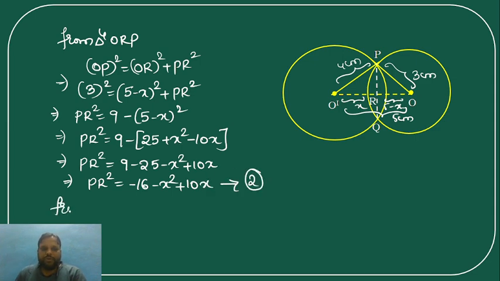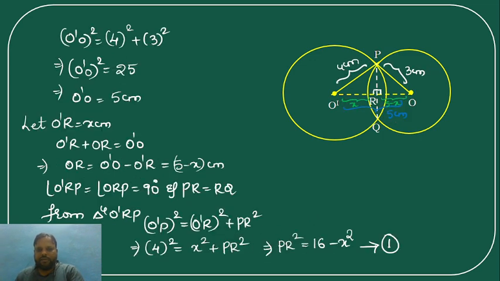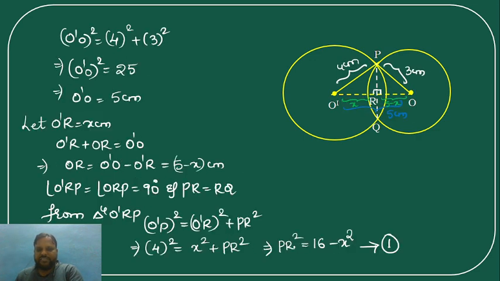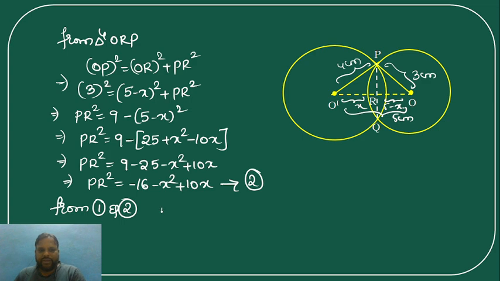Now from equations 1 and 2, since LHS is equal, I can equate RHS, right? Here also PR square, here also PR square. So when I equate RHS, what do I get? 16 minus X square is equal to minus 16 minus X square plus 10X. Right?